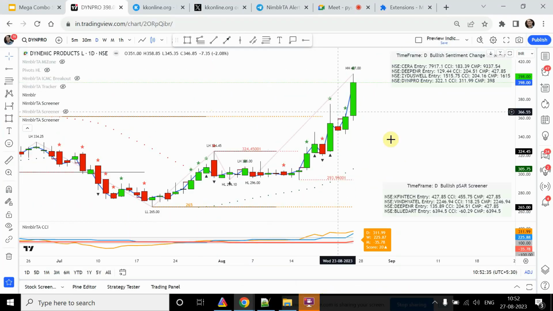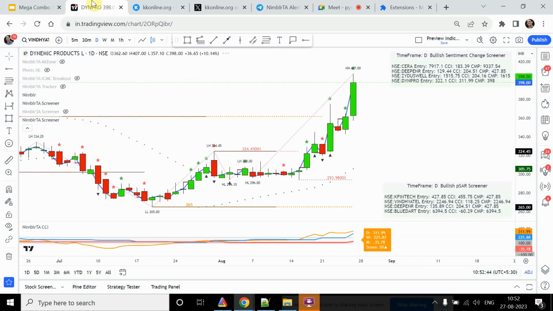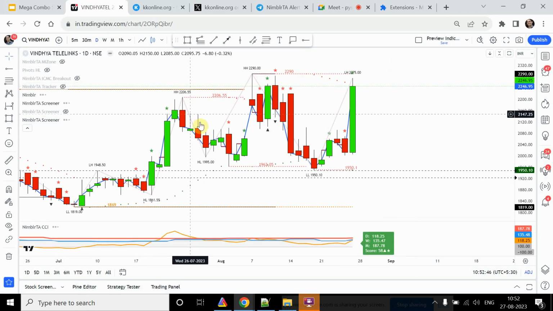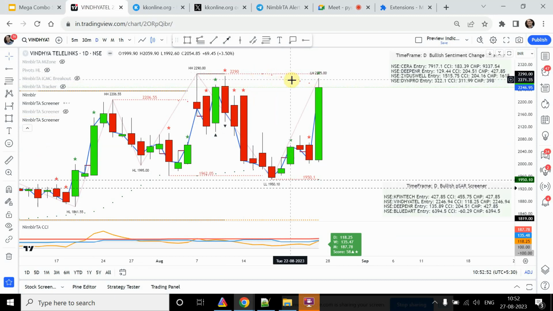And if we see what are the stocks which have given a pSAR change, let's check Vindhyatel, which did well recently. Over here, I'm on a daily time frame. We see this pSAR over here, the red ones. If it is above, that means the stock is bearish in nature.